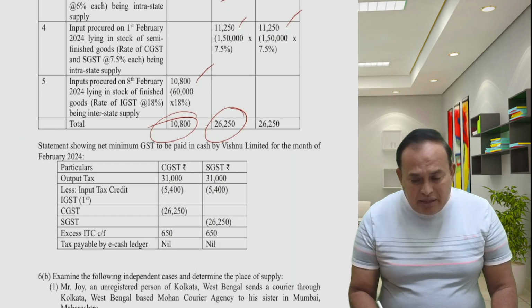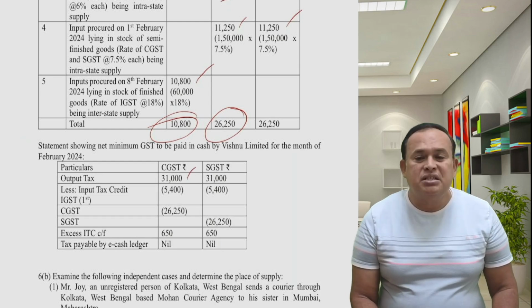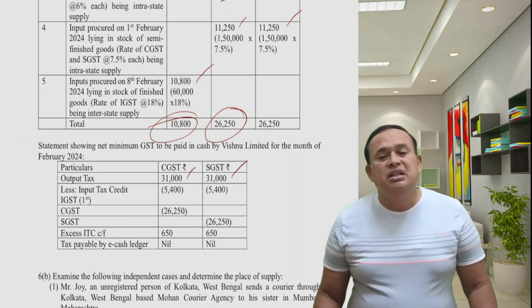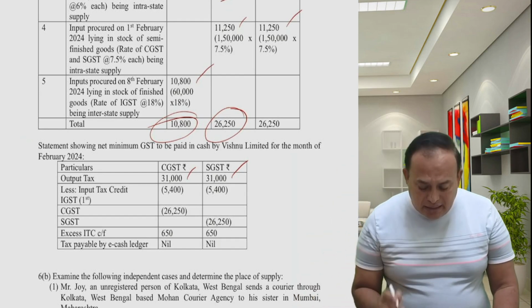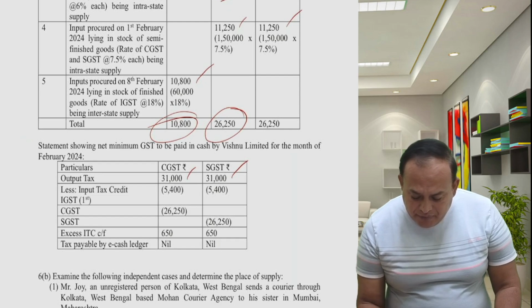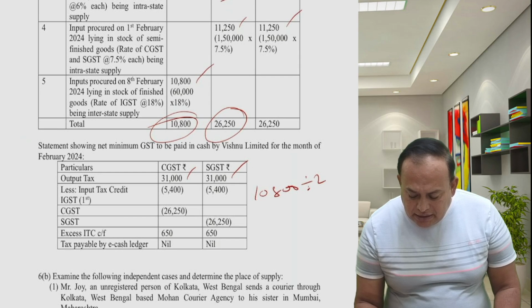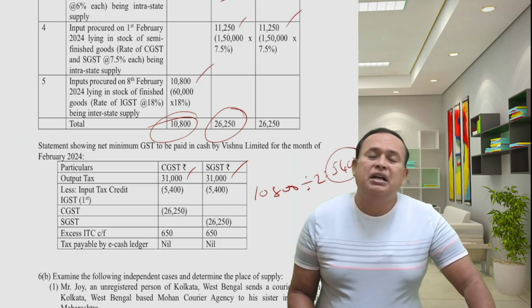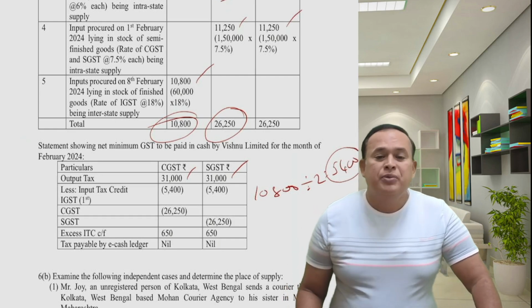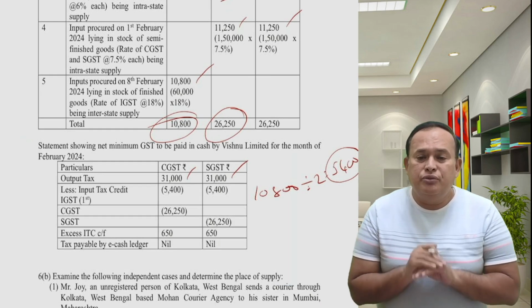Now they have given in the problem 31,000 CGST and 31,000 SGST as their output tax liability. First you have to use the input tax credit of IGST 10,800, equally adjusted, so I got 5,400 CGST and 5,400 SGST adjustment of IGST. So IGST is fully completed.